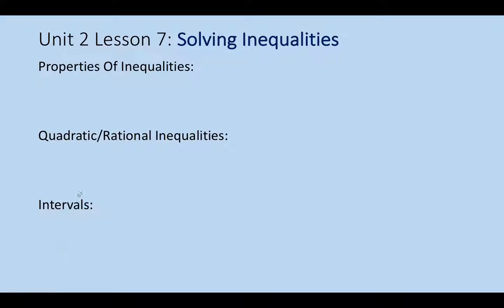A couple things here. Number one, properties of inequalities. Well, the number one property of inequalities, you've learned this ever since you were in pre-algebra, and that is if you multiply or divide by a negative number, you need to switch the inequality sign.